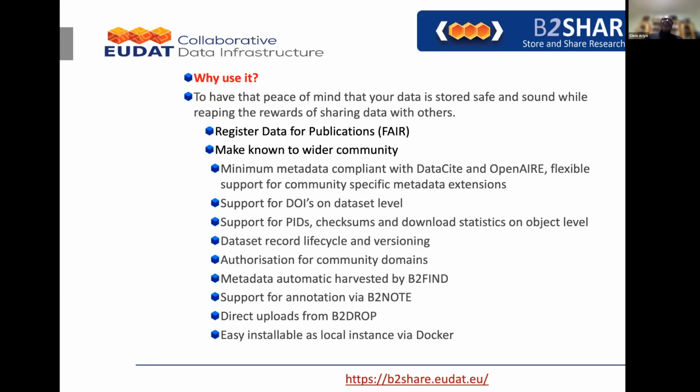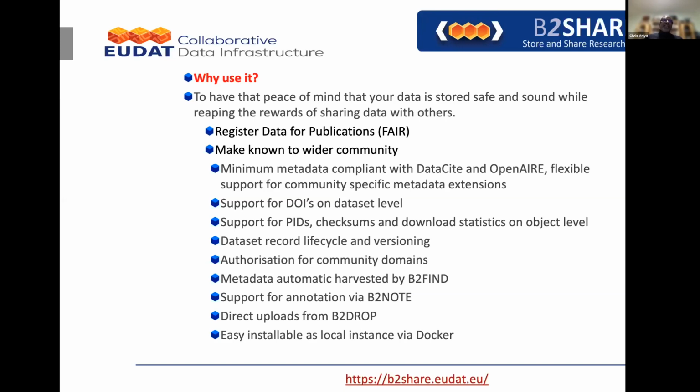Then why do you need to use it? When you have your research, you'll be able to register your data for publication. That means you make it FAIR, you make it known in your community, wider, even outside your own community. You put in metadata that will make it possible for people to understand what you have done and create reproducibility of the research.